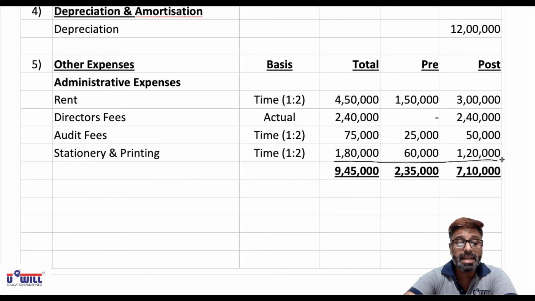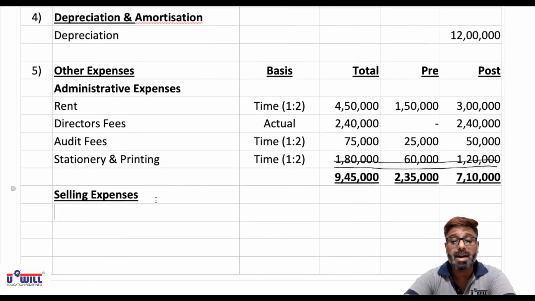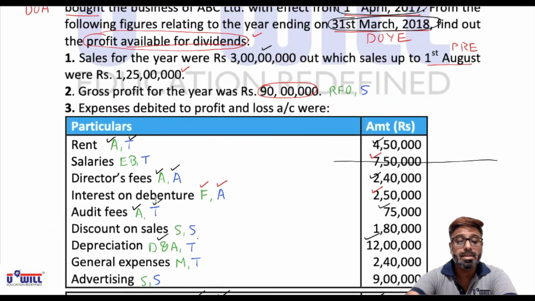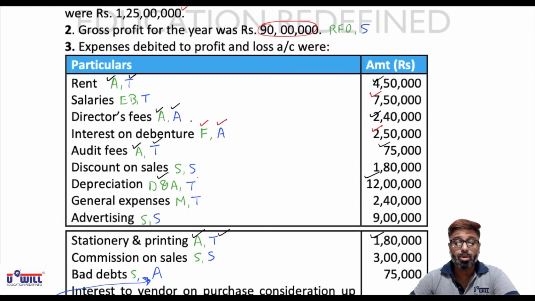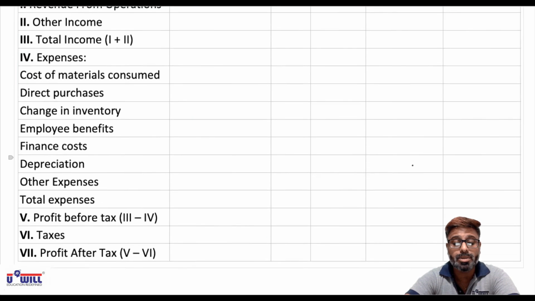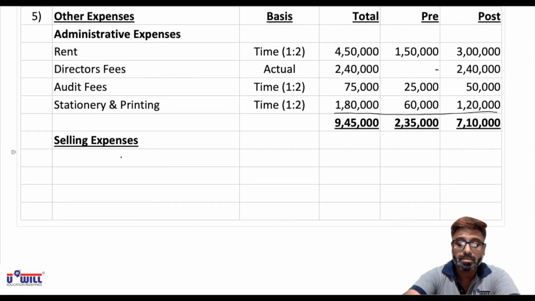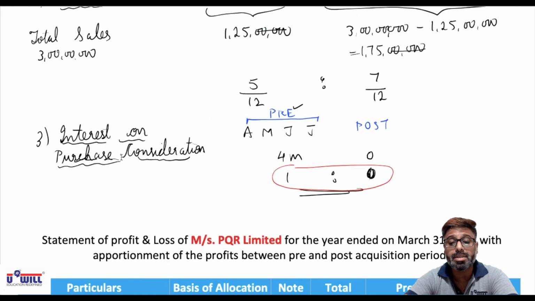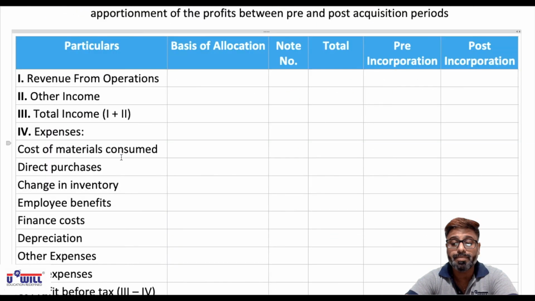Now, selling expenses. All the items marked as S in green letters. So discount on sales, sales ratio, 1,80,000. What is the sales ratio we had obtained in the workings? 5:7.